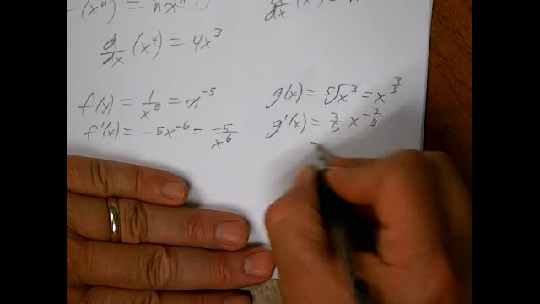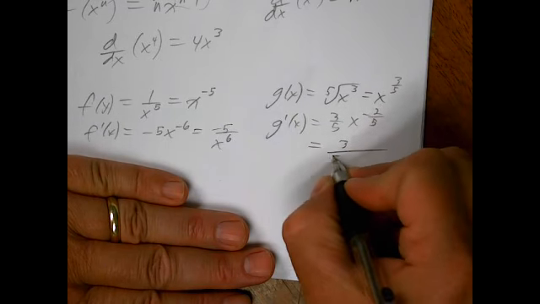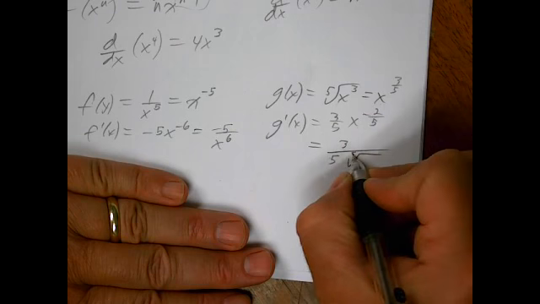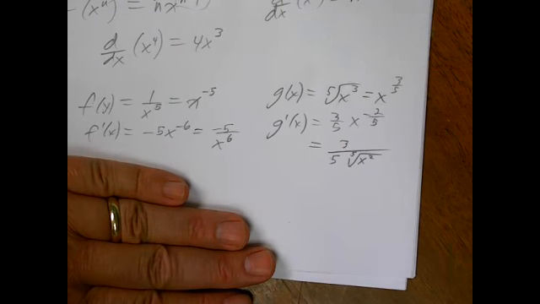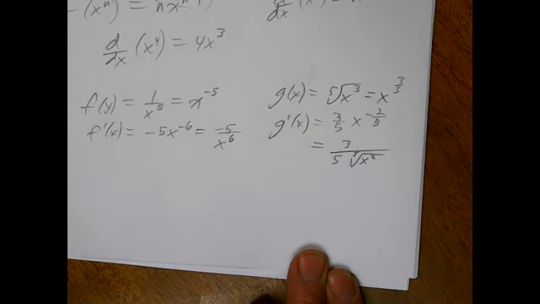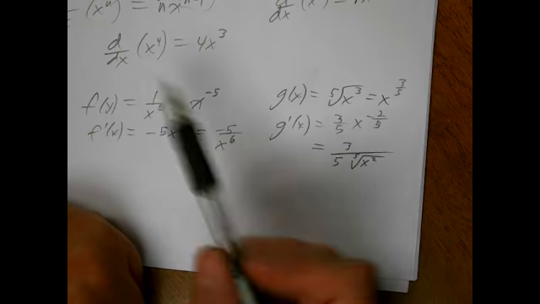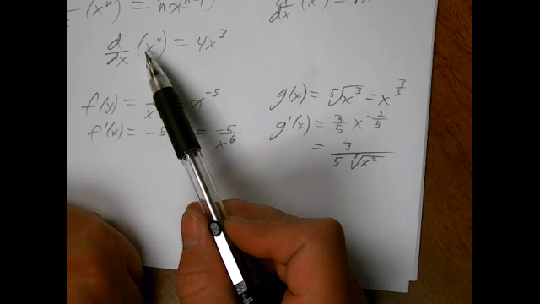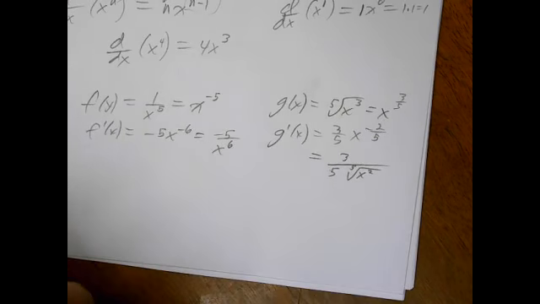And again, if you felt inclined, put it back in radical form and positive power form, feel free to do so, but it's not really mandatory. All right, so you can now take the derivative of a variable to any constant power that you want. We can expand that.